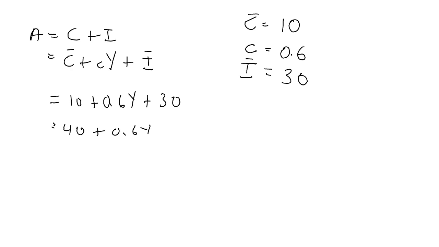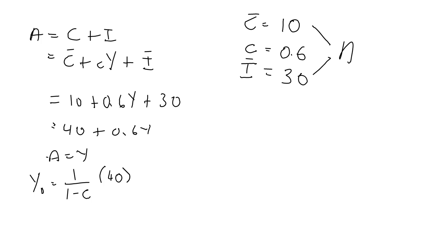Now they're looking for the equilibrium level. Y0 is equal to your multiplier, which is 1 over 1 minus C, multiplied by 40, which is basically A, C plus I, your autonomous spending.